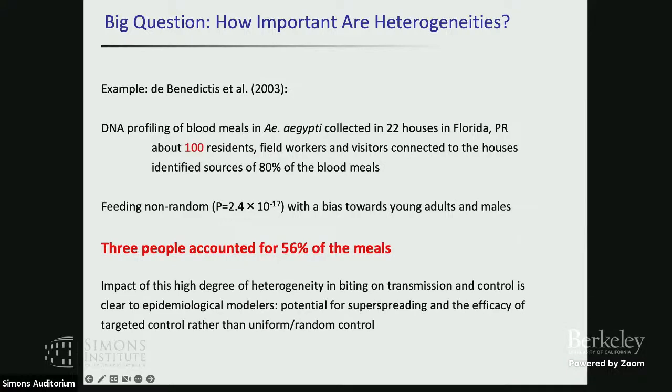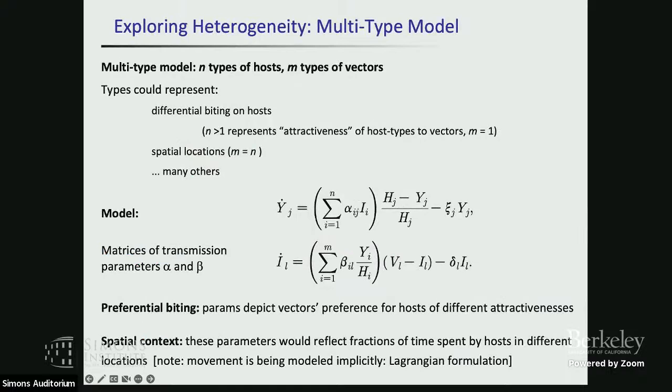And of course, that has important implications for control and the relative effectiveness of random control versus targeted control. So our standard tool in this area for exploring the impact of heterogeneity is the multi-type model, where we basically take the Ross model and subdivide our compartments, so we have different types of individuals, according to one or more features.